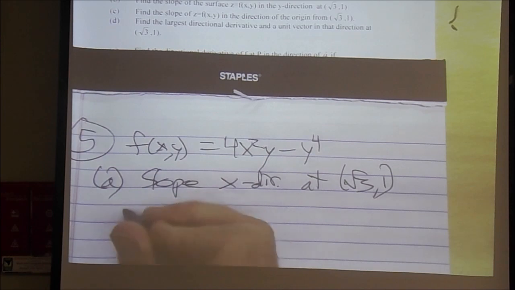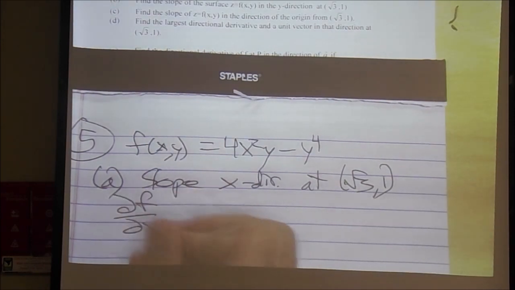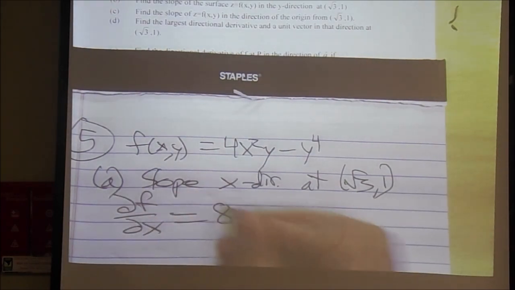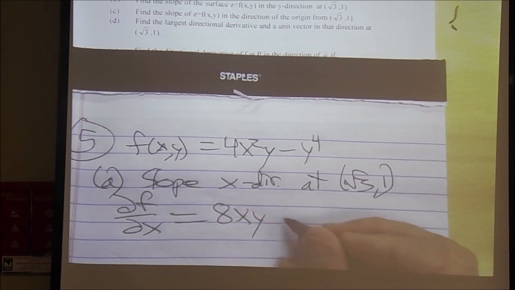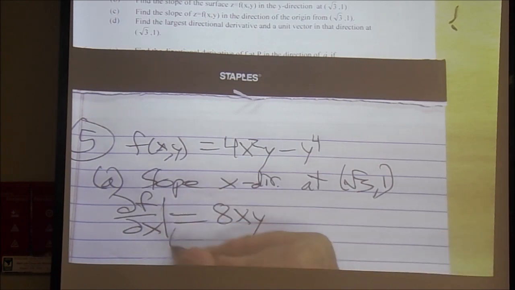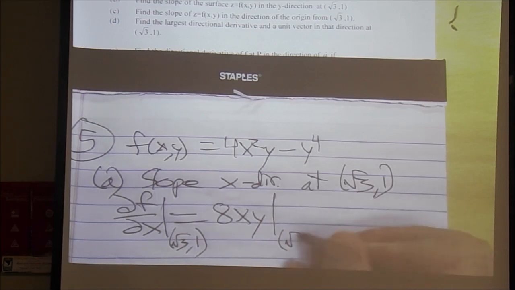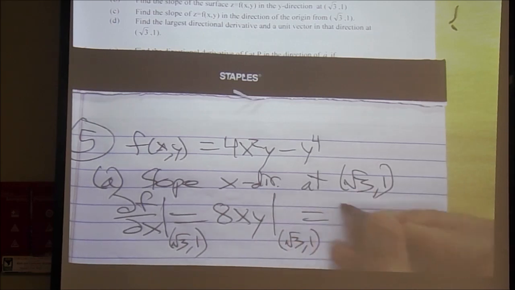Slope in the x direction is the partial of f with respect to x. So you treat y as a constant and you get 8xy minus nothing. And if we evaluate it at the point square root 3, 1, this just becomes 8 square root 3.